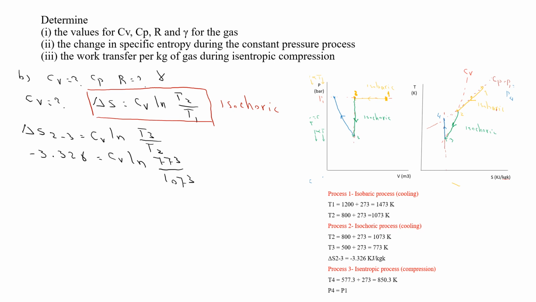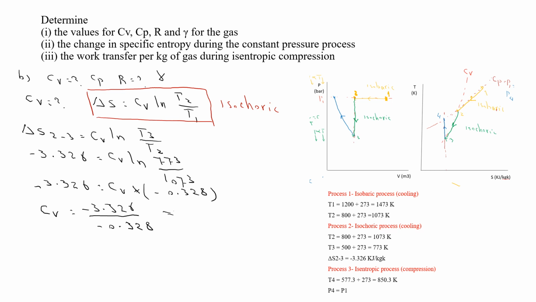So we can write down that minus 3.326 is equal to Cv times, so then that natural log is minus 0.328. So from here we get Cv is equal to minus 3.326 divided by minus 0.328.